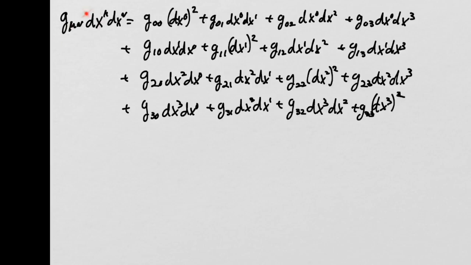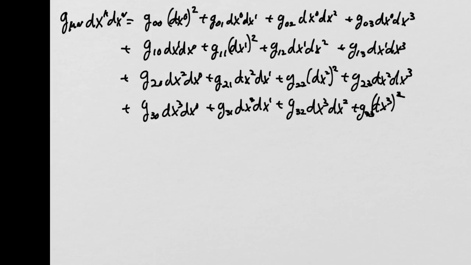This is our blown up version of this line element here, and we want to understand, first of all, why this needs to be diagonal. Why does a spherically symmetric spacetime need to be diagonal?